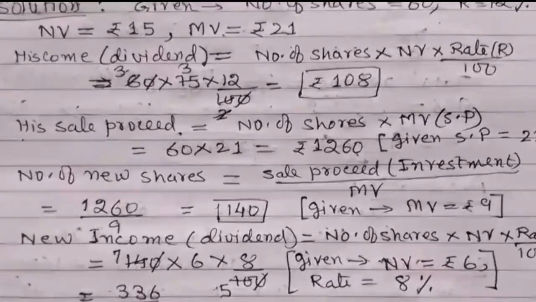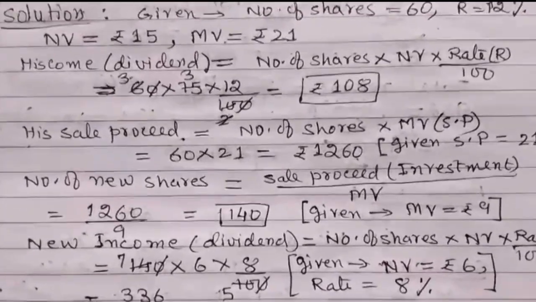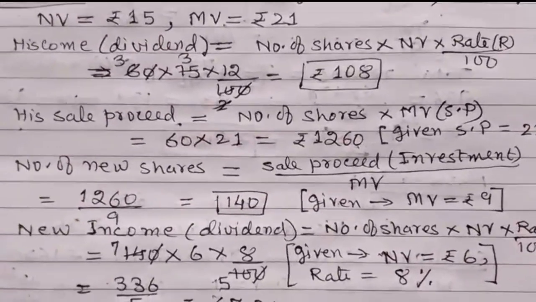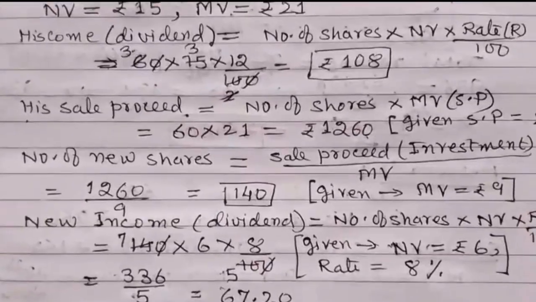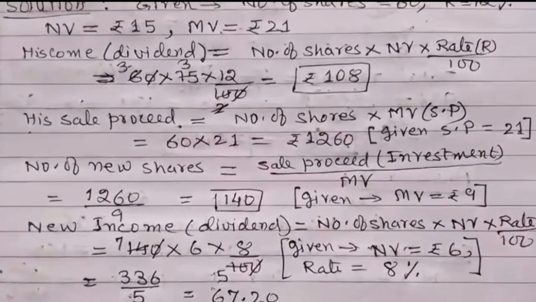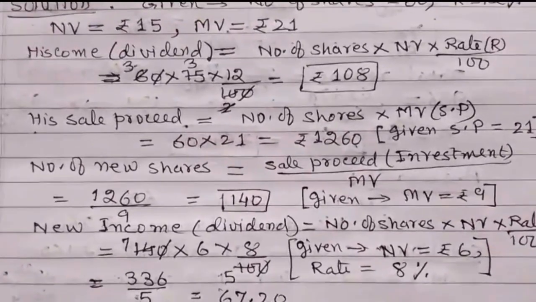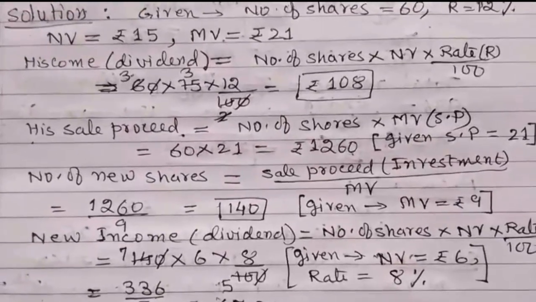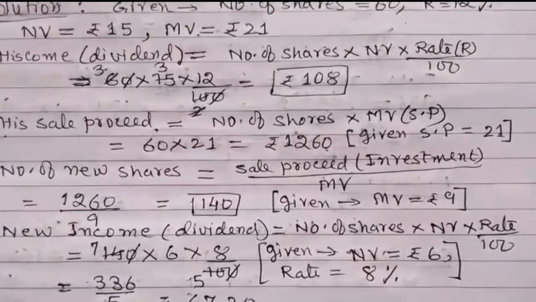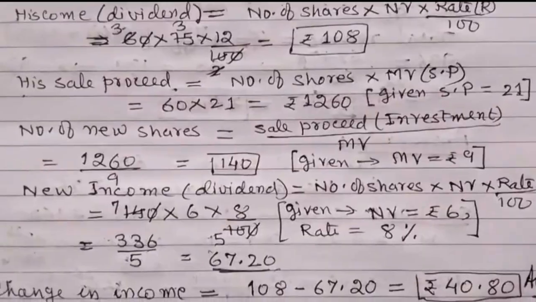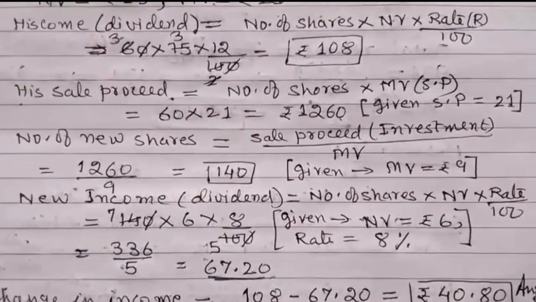Now his sale proceed is number of shares into market value. 60 into 21, because 21 is the market value and 60 is the number of shares. So therefore his sale proceed is equal to 60 into 21, that is rupees 1260. Now he invests this into a new share.